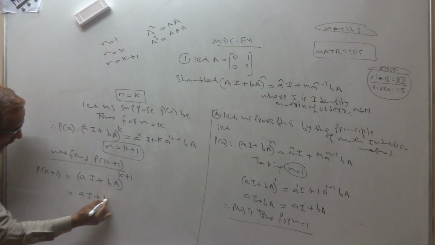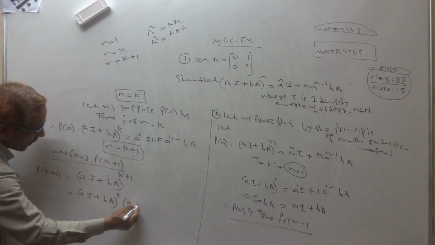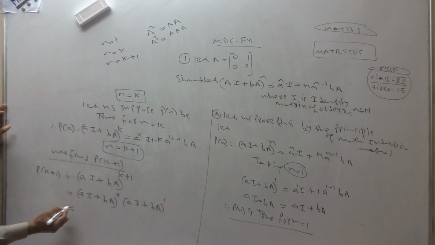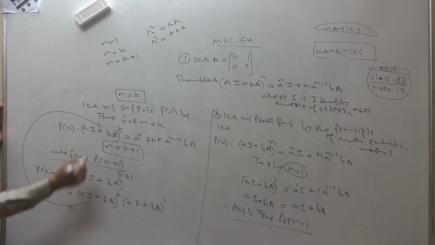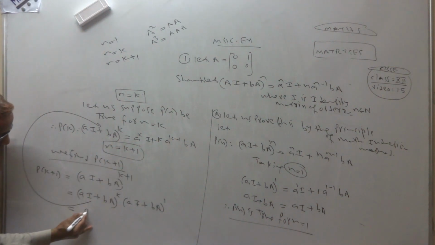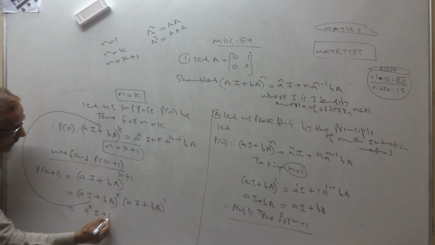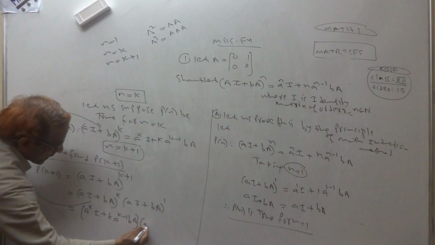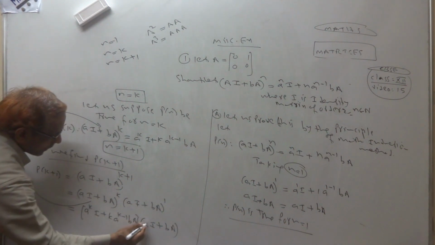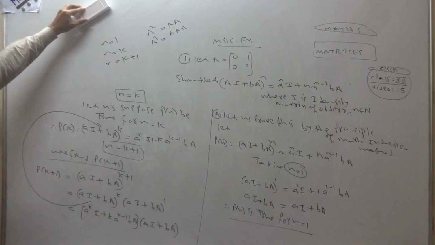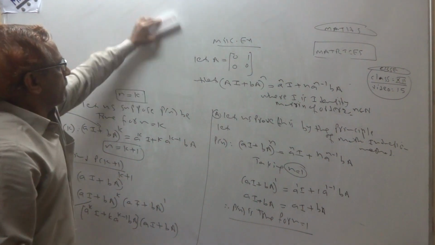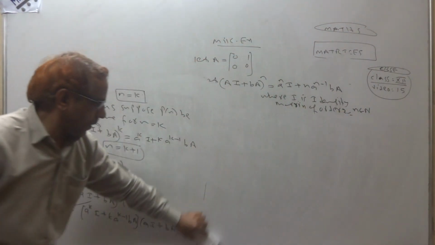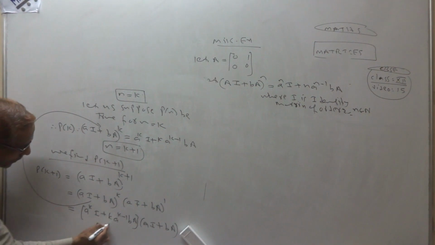Next step, I can break it into this power k and this power 1. Bases equal, powers added. So the value of this is (A^k I + k A^(k-1) B A) times (A I + B A). Next step, we use the distributive law, the distributive property.